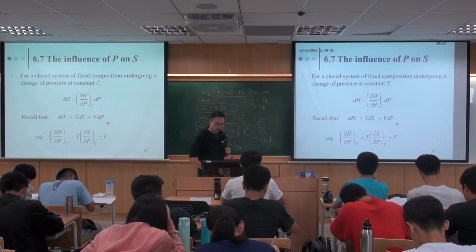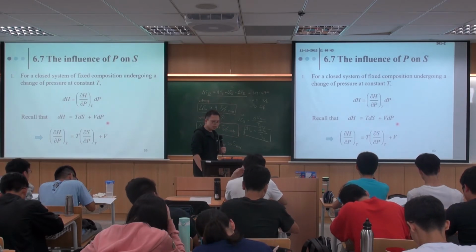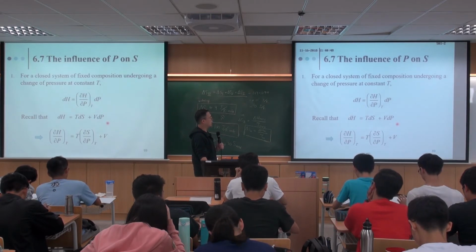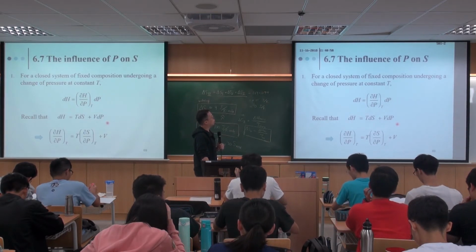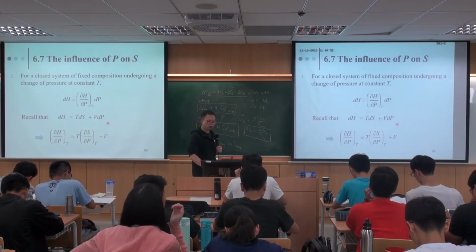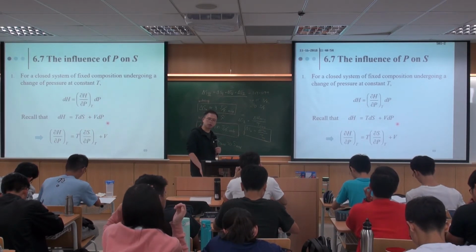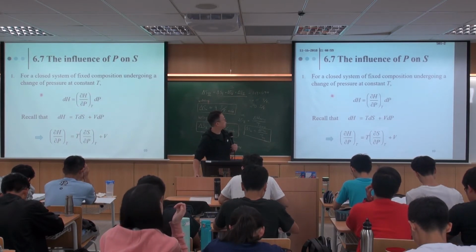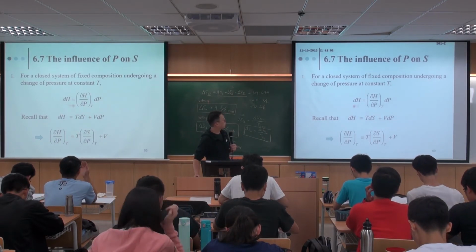Okay. So finally, we have the influence of pressure, but in fact, we've already mentioned this last time. If we start from dH and we're no longer dealing with constant pressure, we're dealing with constant temperature, and then we change the pressure, then we have an expression like this.